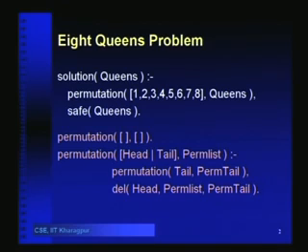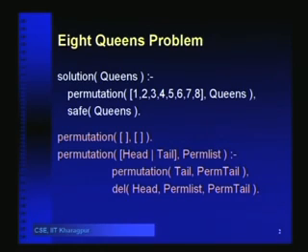In the 8 queens problem, you remember the problem? We have to place 8 queens on a chessboard so that none of the queens attack each other. So, the predicate which solves this is solution and then a list of numbers, a permutation of the numbers 1 through 8. And what will these numbers give us? These numbers will give us for each column the row number where we will place the queen, right.